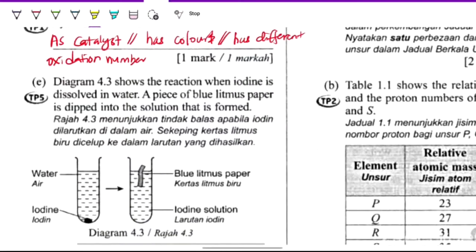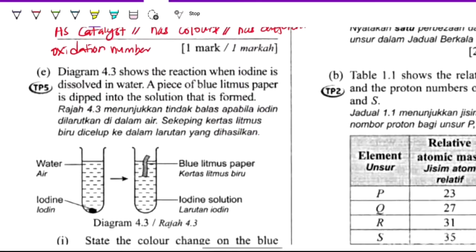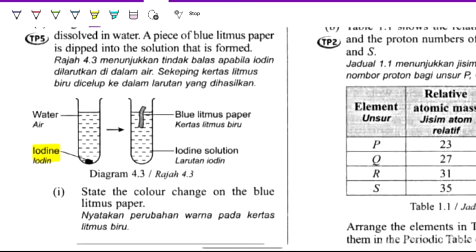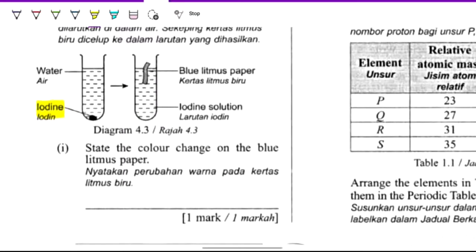The diagram shows the reaction when iodine is dissolved in water. So this is iodine. A piece of blue litmus paper is dipped into the solution that is formed. State the color change of the blue litmus paper. The blue litmus paper turns red.